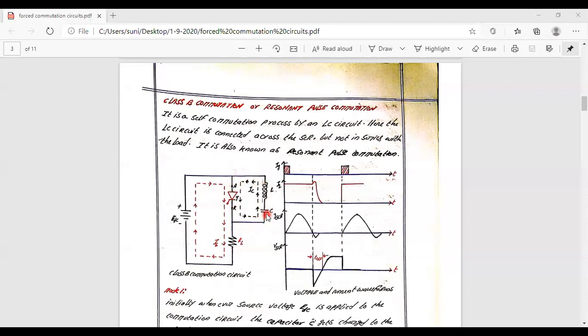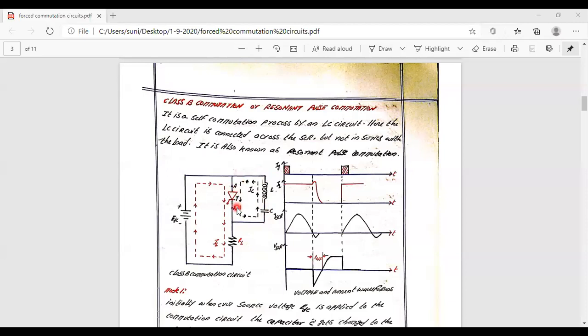Considering the capacitor path, the main device is still in conduction. So it starts discharging and injects a current. The capacitor current is injected onto the device.